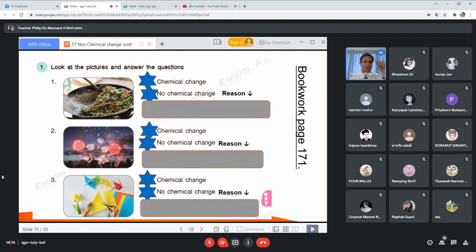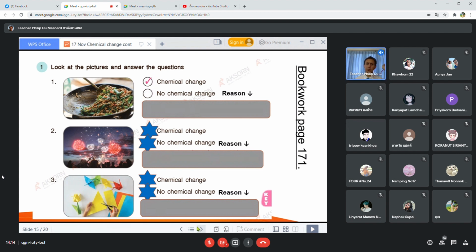Okay, now page 171. For every one you have to give a reason why you say yes or no. First one, we are cooking some basil and mince, I think. Is it a chemical change, yes or no? Very good.